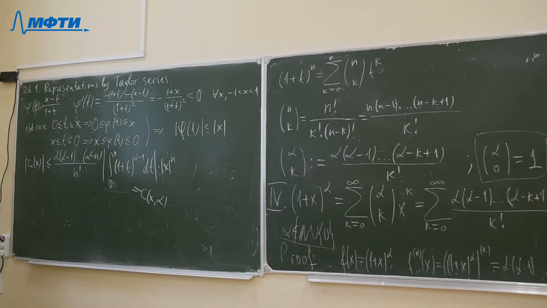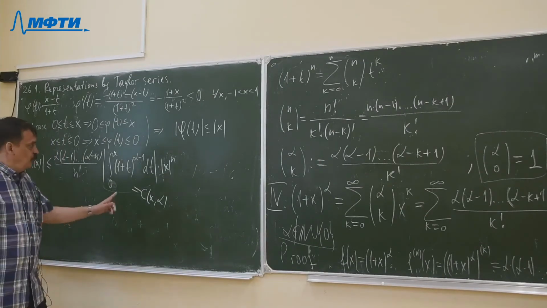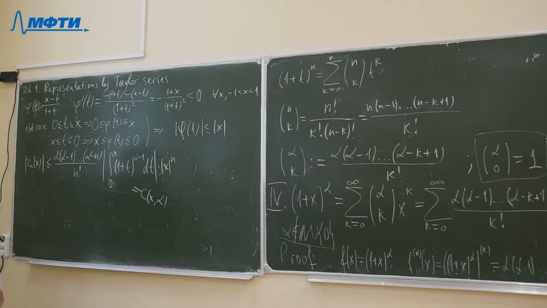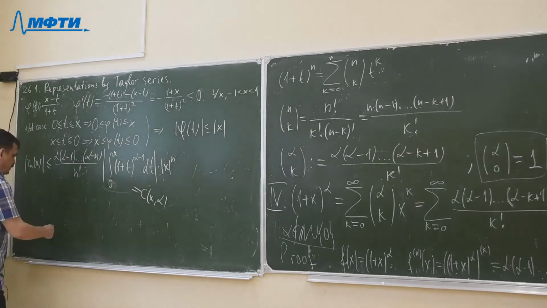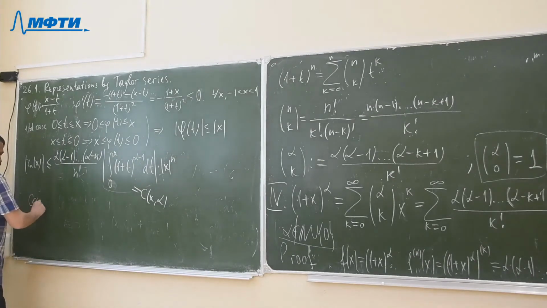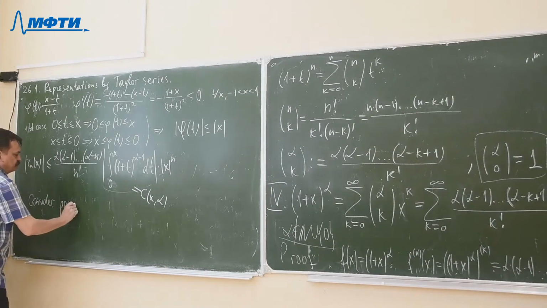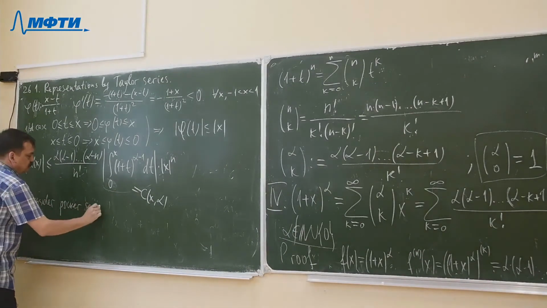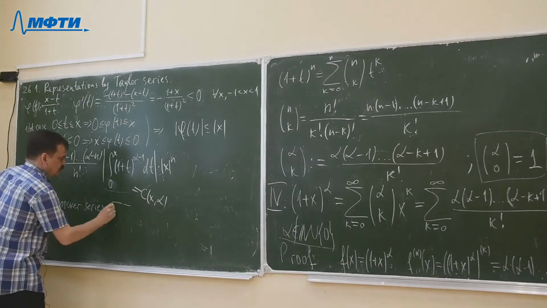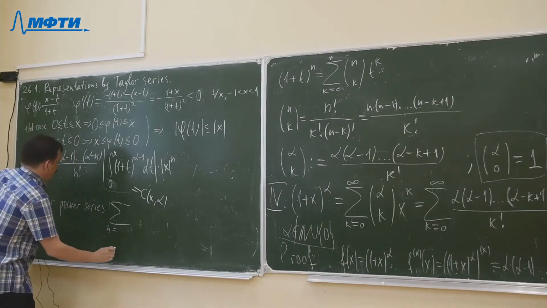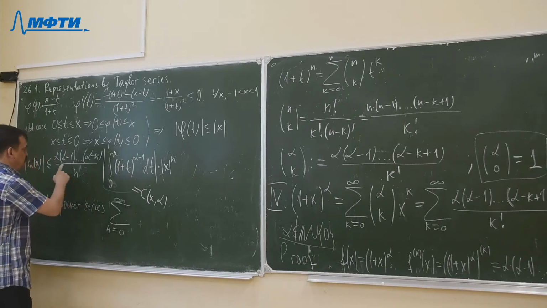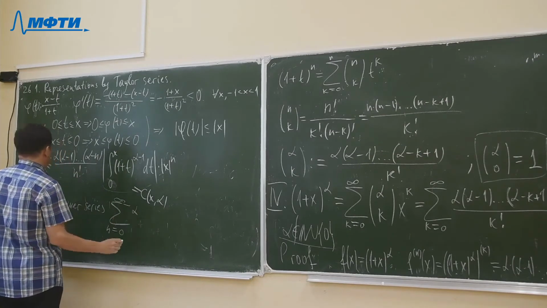Okay. Then what remains? Look at the power series. Consider the power series, the sum from 0 up to infinity, let me write the coefficient which we had.